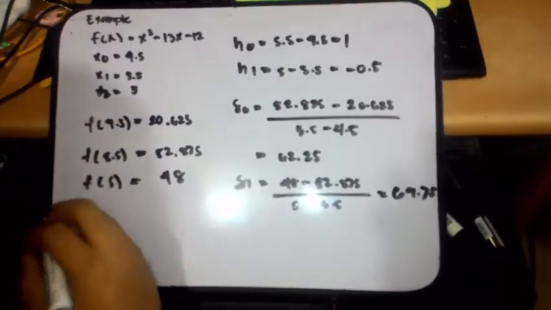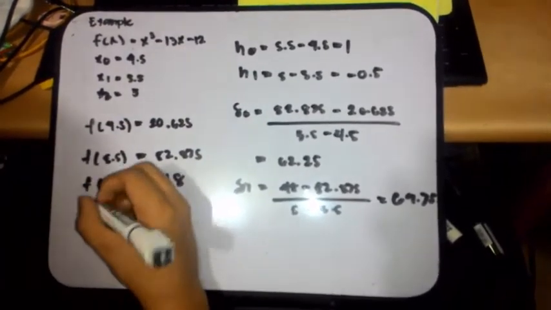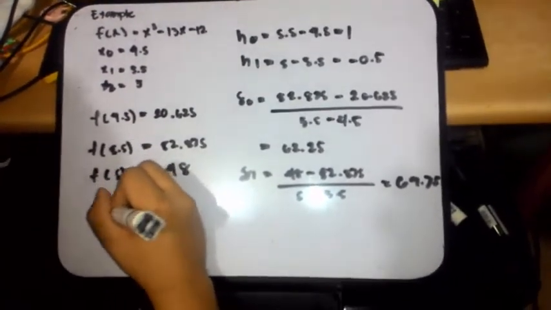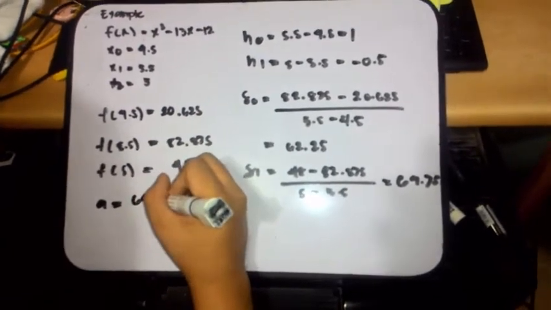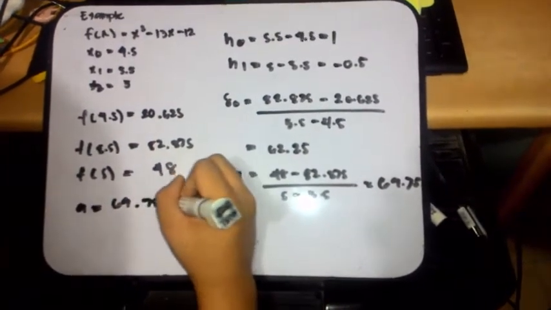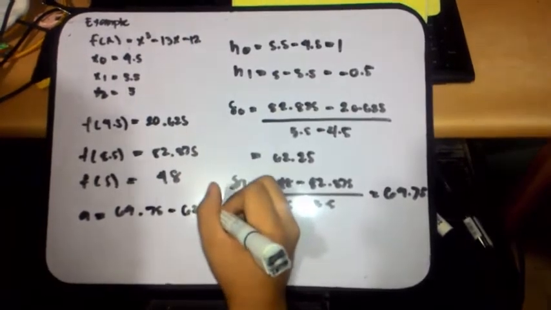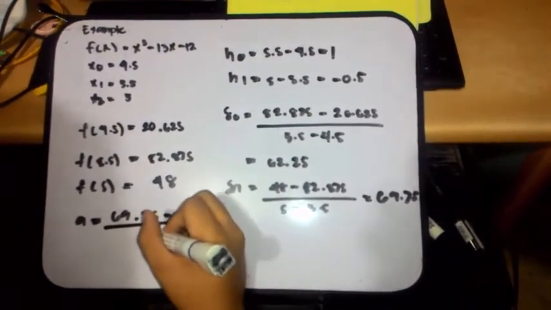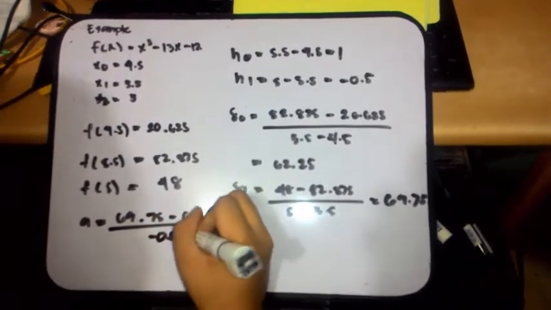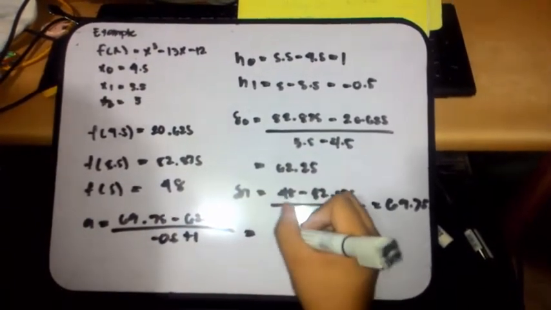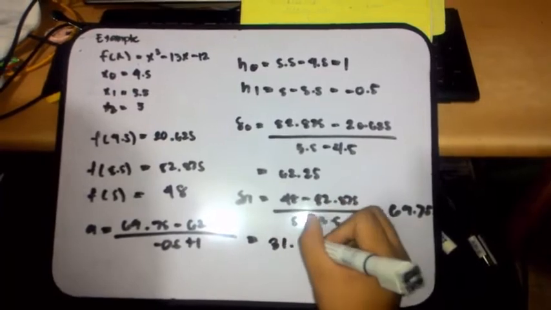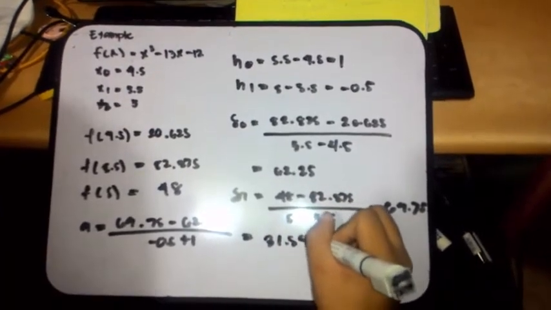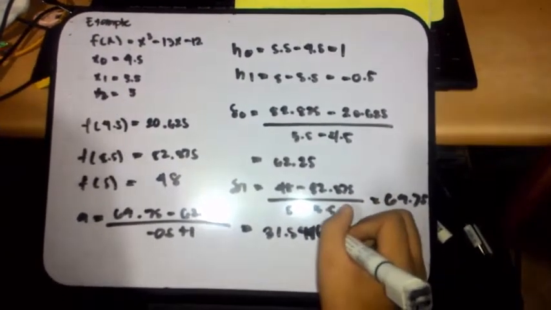Now we can get our a, which is 69.75 minus 62.25 over negative 0.5 plus 1, which is equal to 15.